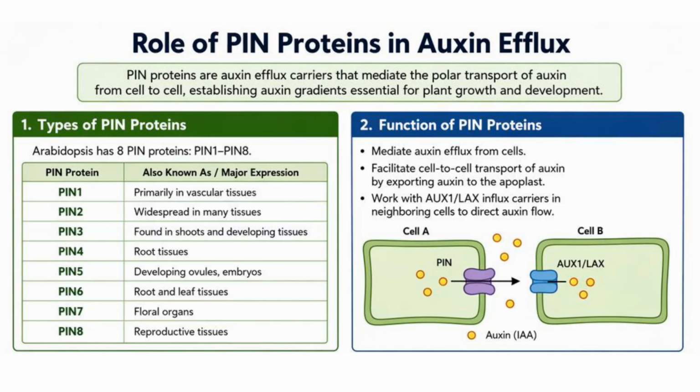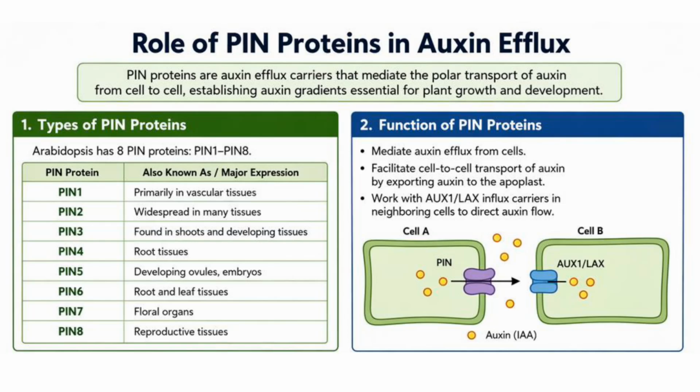This diversity allows PIN proteins to perform tissue-specific functions, acting at different developmental stages and in different contexts. Now, look at the right panel. Function of PIN proteins. The cellular diagram shows cell A and cell B. In cell A, PIN proteins sit on the right basal lateral face of the plasma membrane.